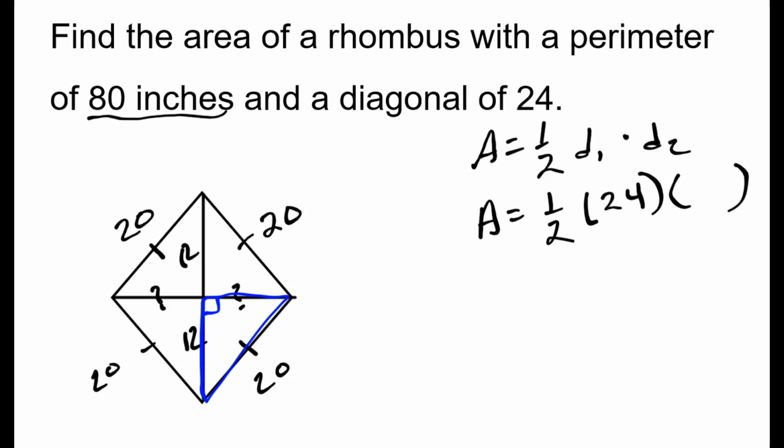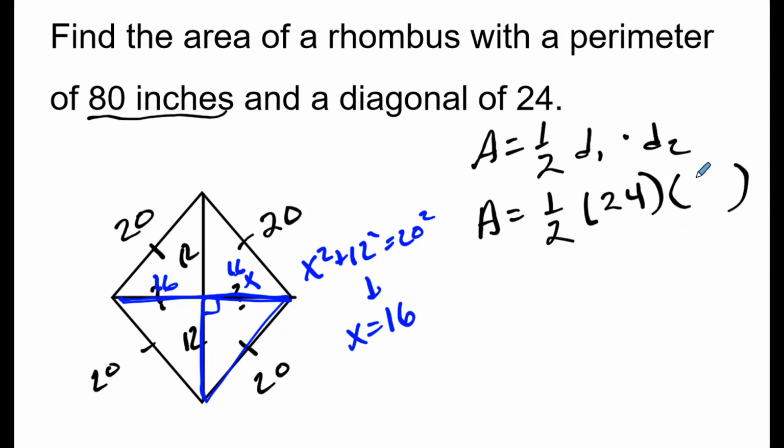If we do Pythagorean theorem here, we would go x squared plus 12 squared equals 20 squared. If we solve through this, we get an x value of 16. If x is 16, that means this side is also 16. This diagonal is 16 plus 16, which is 32.